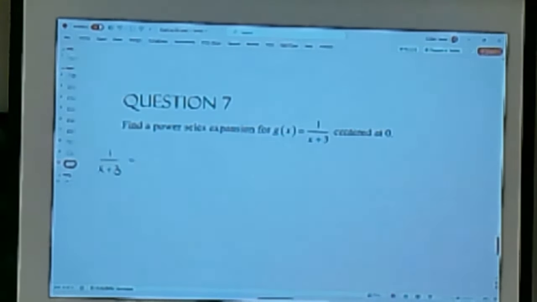Then you're going to have that extra 2 in the denominator. Technically you can, but it's not going to help you.